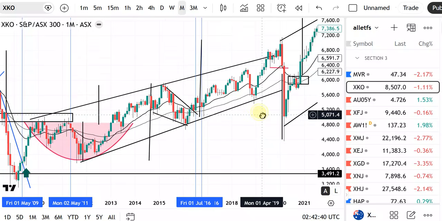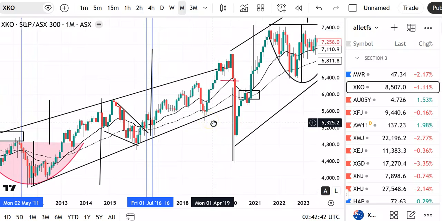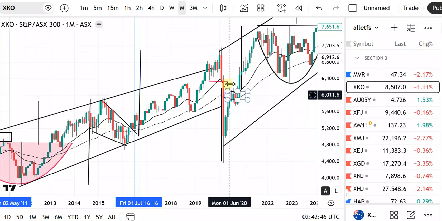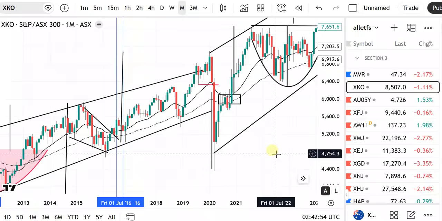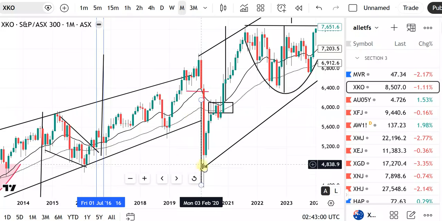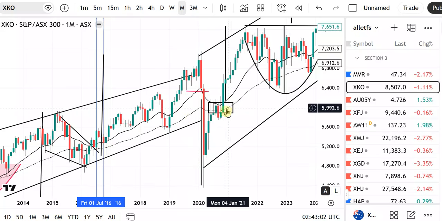And then we had the 2020 correction. No ABC wave, just a panic wave. But that was a signal, the break of support there. So now on the way up, we had an A wave here, consolidation B and the C wave to there.